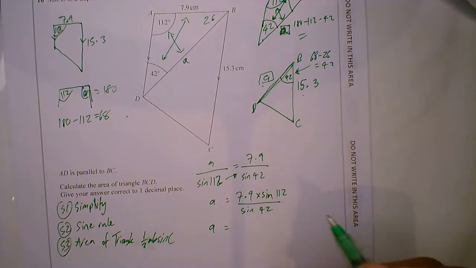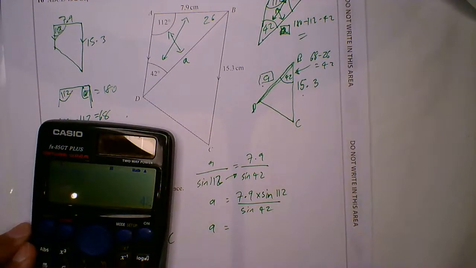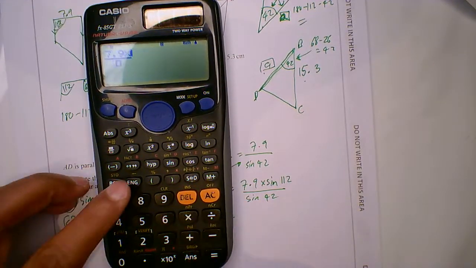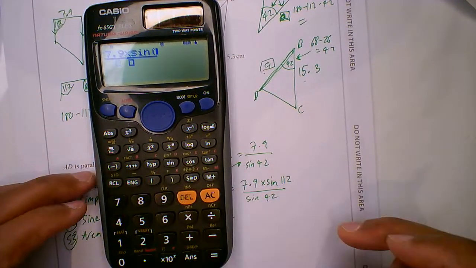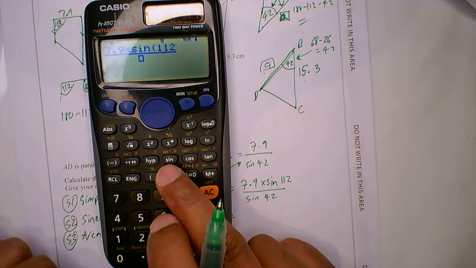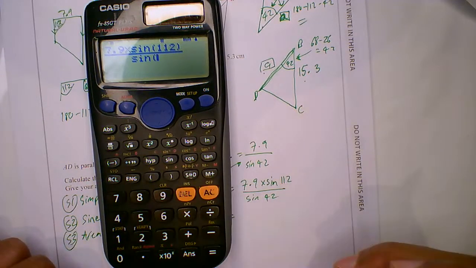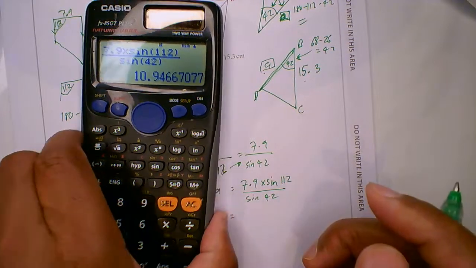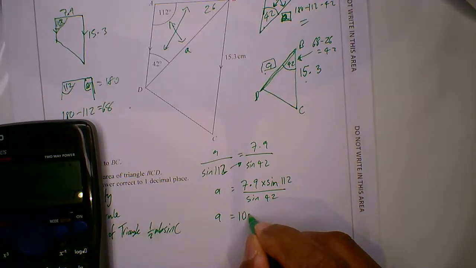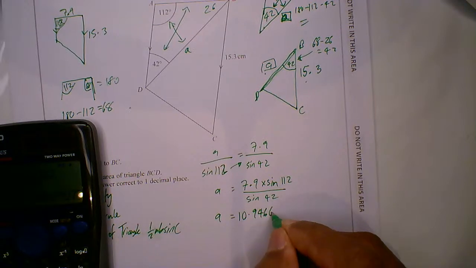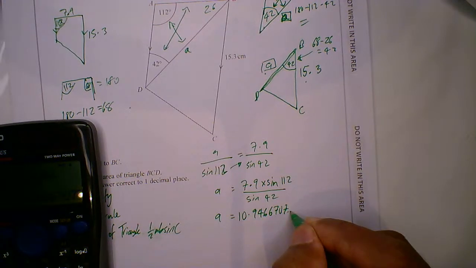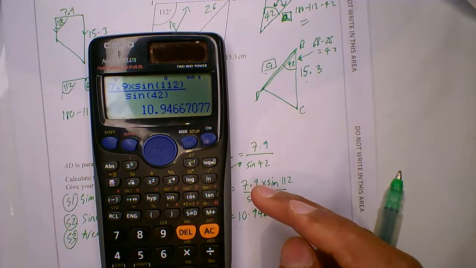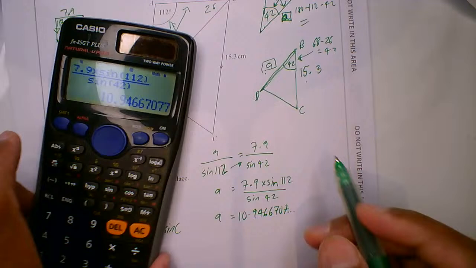So that gives me 7.9 times sine 112, close bracket, all over sine 42, close bracket, gives me 10.946670. Now, don't clear your calculator. I'm going to continue with this answer because it links to this part here.